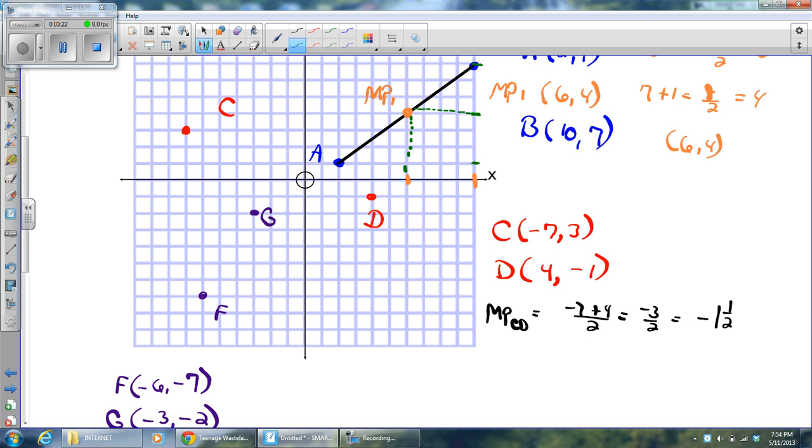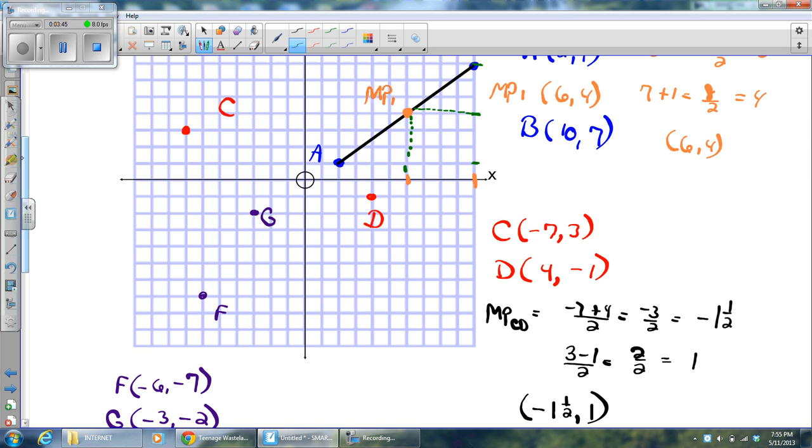I'm betting that the x-coordinate is going to be negative 1.5. And then the y's will be 3 minus 1 divided by 2, which is 2 divided by 2, which is 1. So I think the midpoint of segment CD will be at (-1.5, 1).